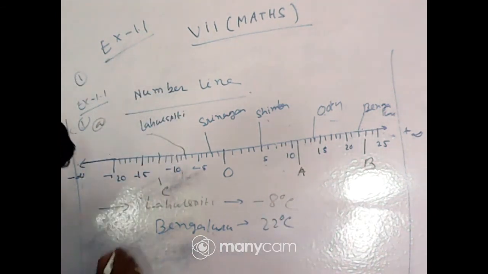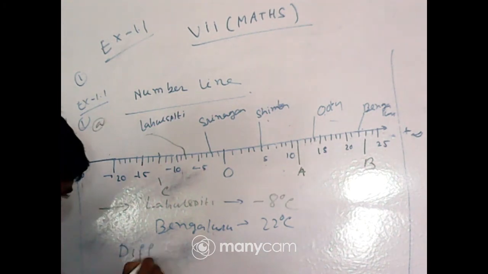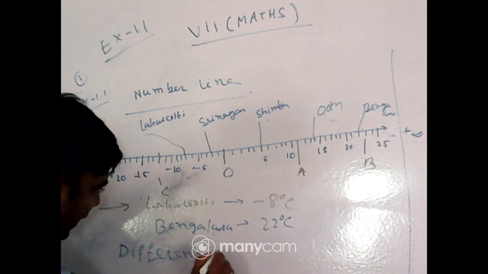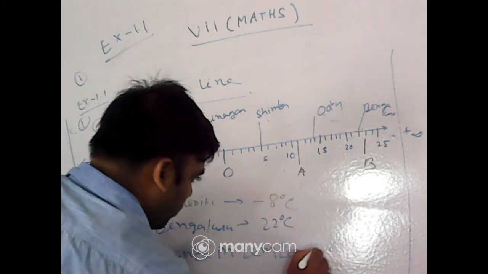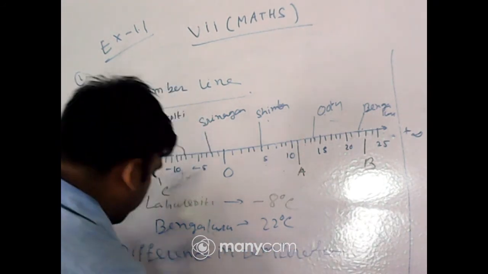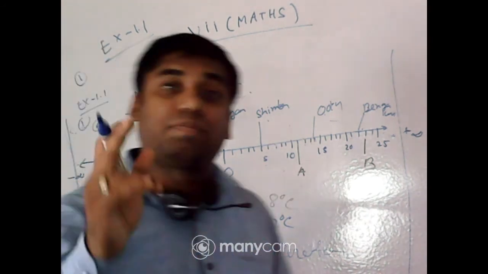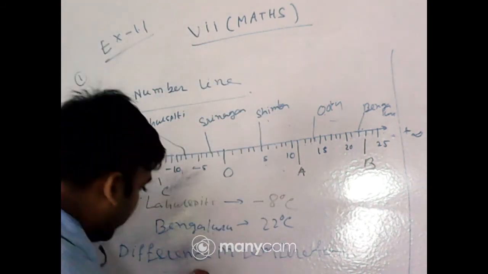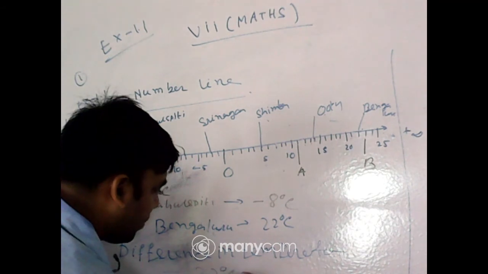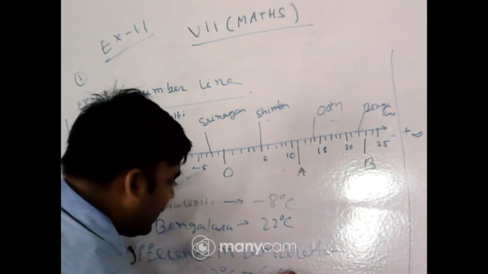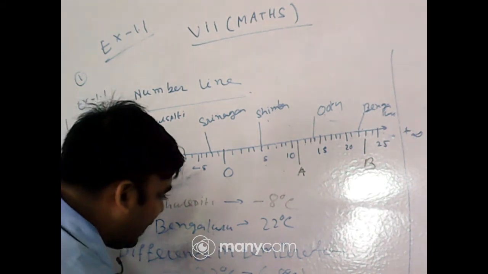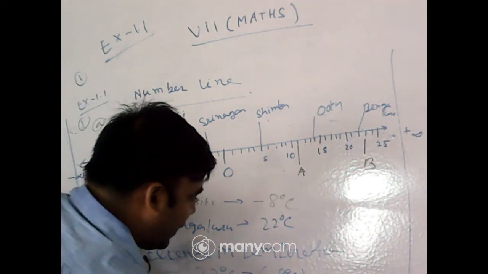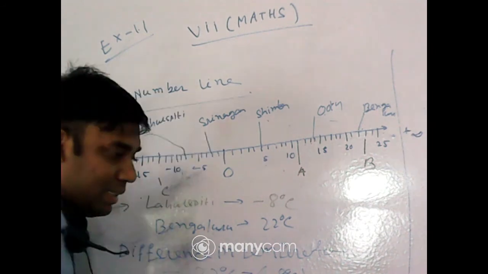To find the difference in temperature, I have told you that difference means subtraction. So 22 degrees Celsius minus of minus 8 degrees Celsius. So 22 degrees Celsius plus 8 degrees Celsius. So it is 30 degrees Celsius.